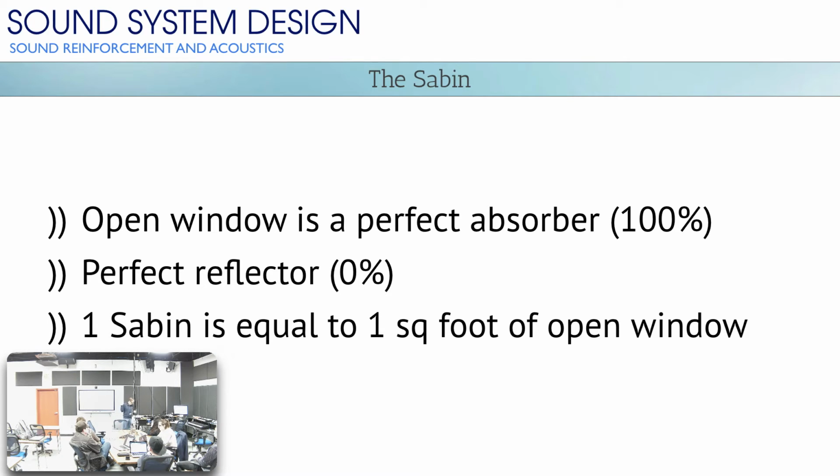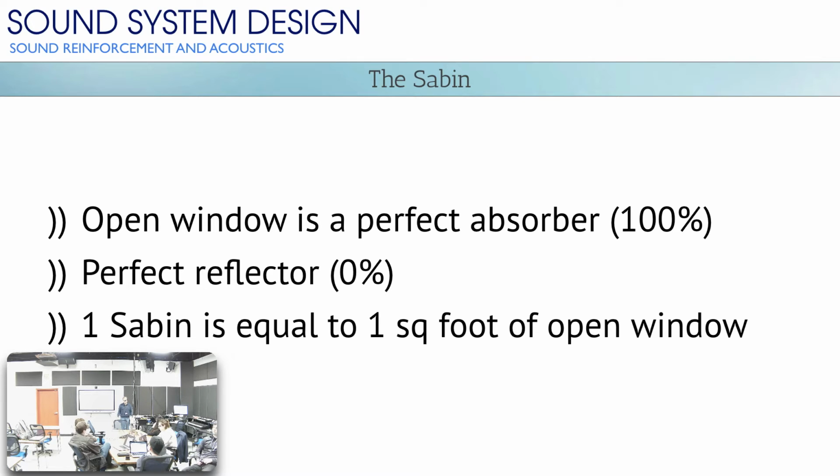And let's say that you had 100 square feet of this material. So this same 10-foot by 10-foot wall was made of a material that absorbed 10% of the acoustic energy that hits it. Well, you could call that 100 square foot wall equivalent to 10 Sabins, because that 100 square foot surface absorbs energy at the same rate as 10 square feet of open window would.